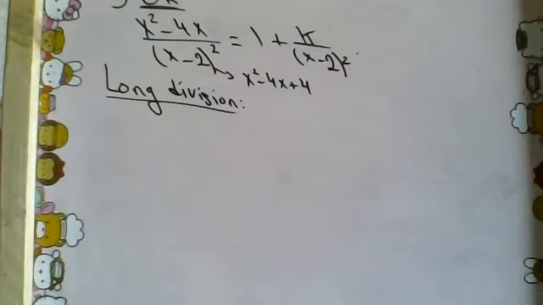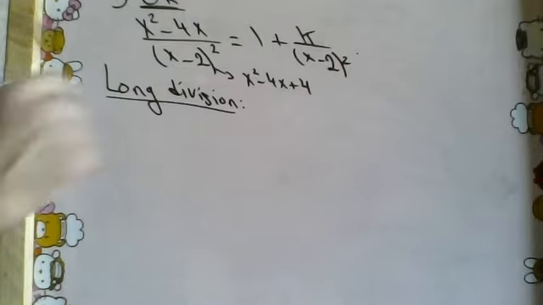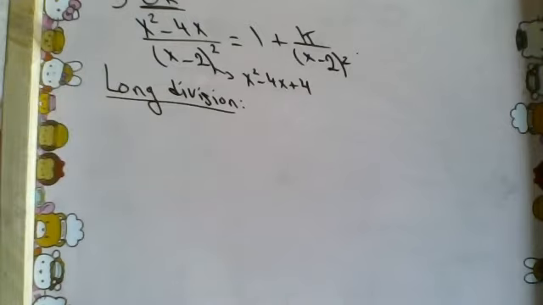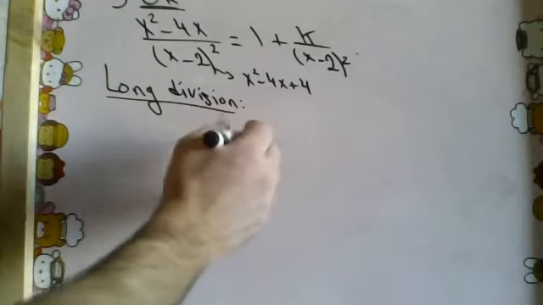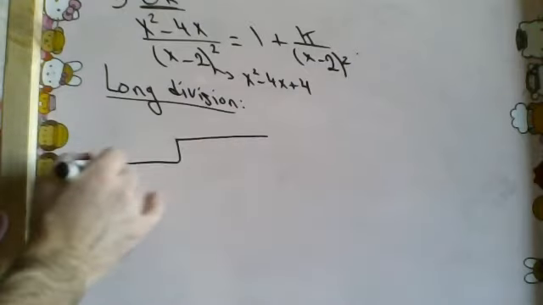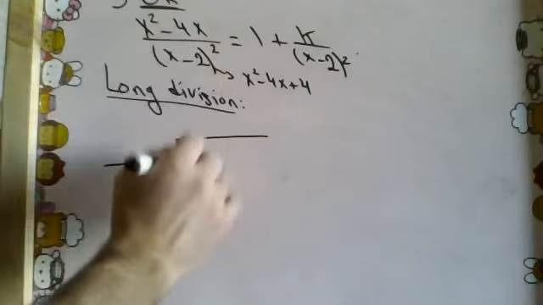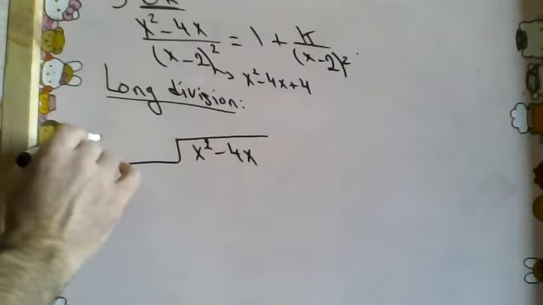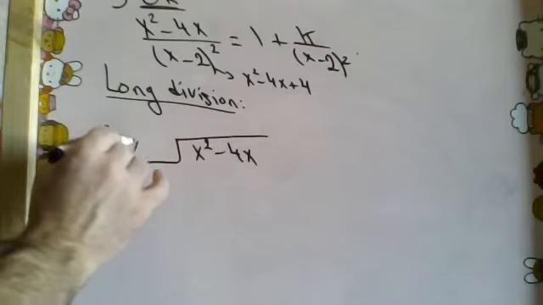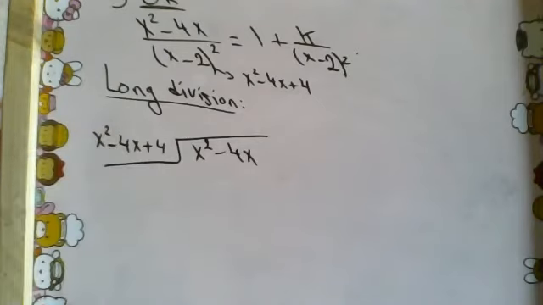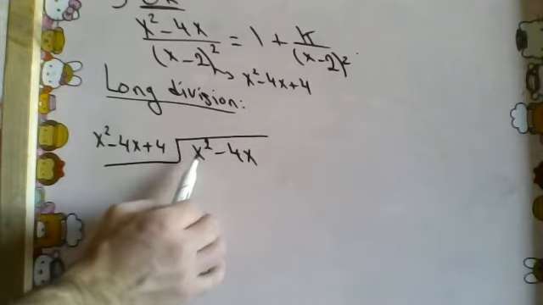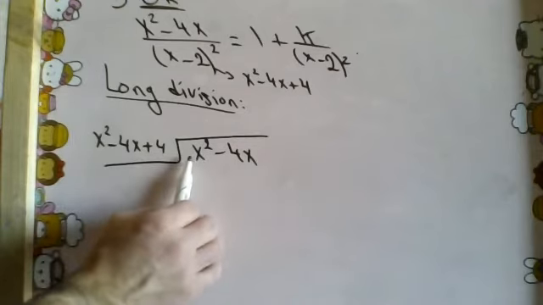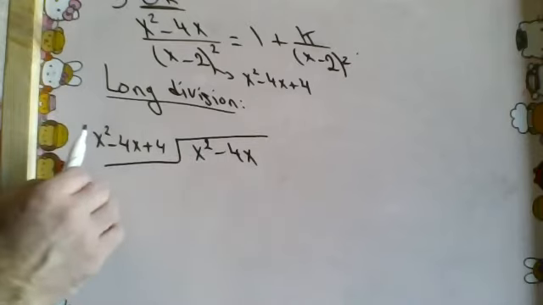We talked about the long division one time. To divide x squared minus 4x by x squared minus 4x plus 4, you start dividing. Only the term with the highest exponent over the term with the highest exponent.